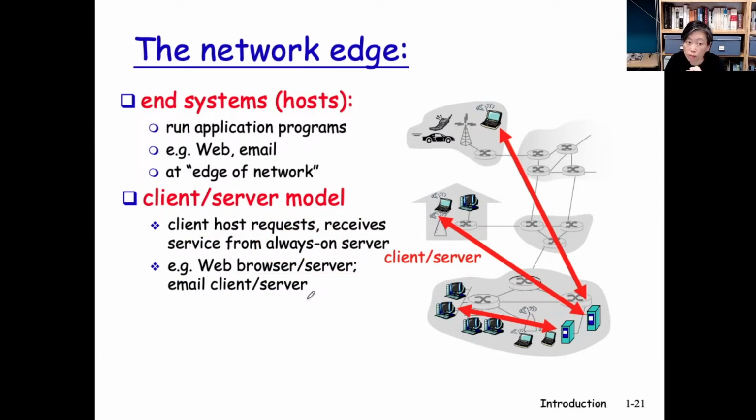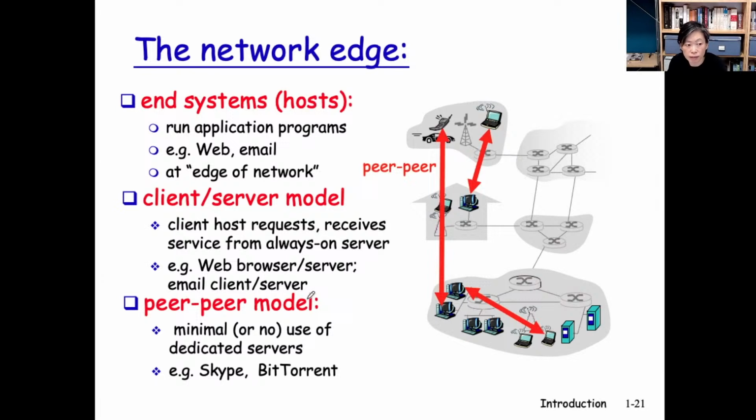There's another way of communicating for the applications running on the end systems, called the peer-to-peer model. The idea there is to get away without this always-on server. Imagine setting up a web server yourself and allowing thousands and maybe millions of clients in the world to access it. You do need a lot of money to maintain it.